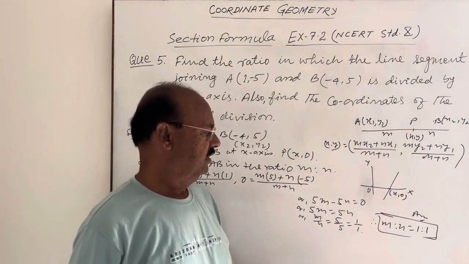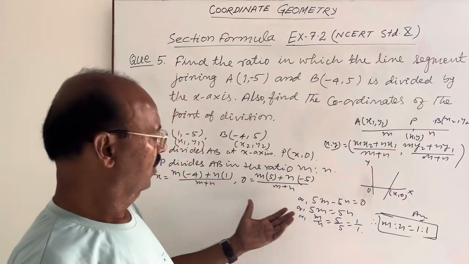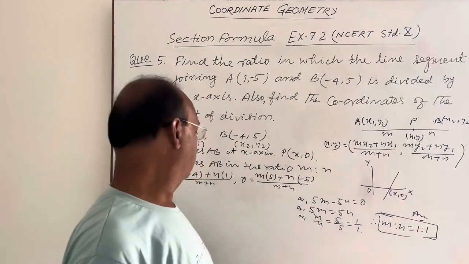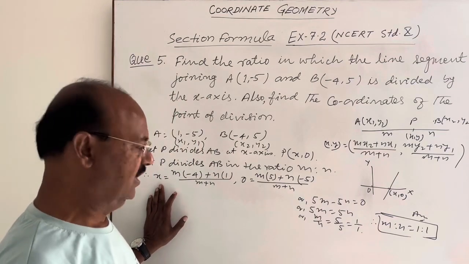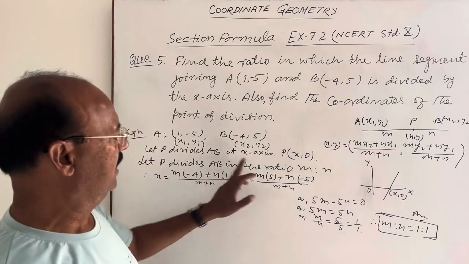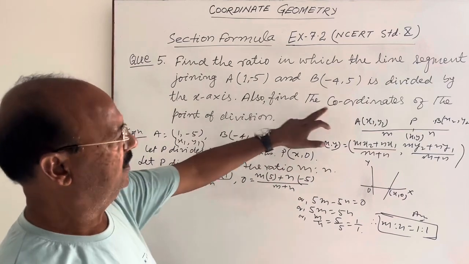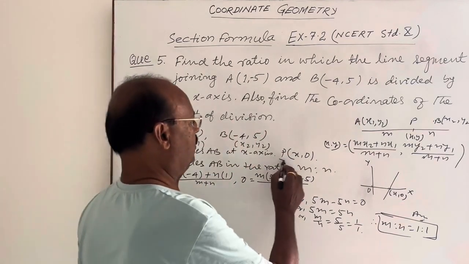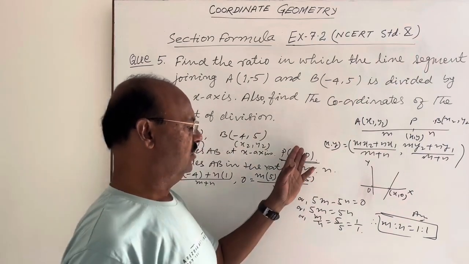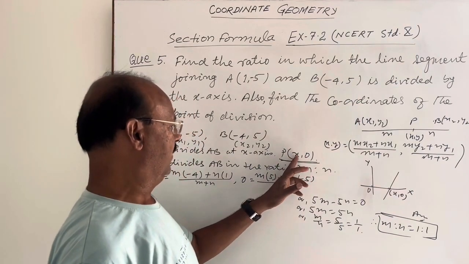And if we put this ratio m:n here, we can find the value of x very easily. We require the value of x also. Find the coordinates of the point of division, which means we have to find P(x, 0). 0 is already known, we have to find x.